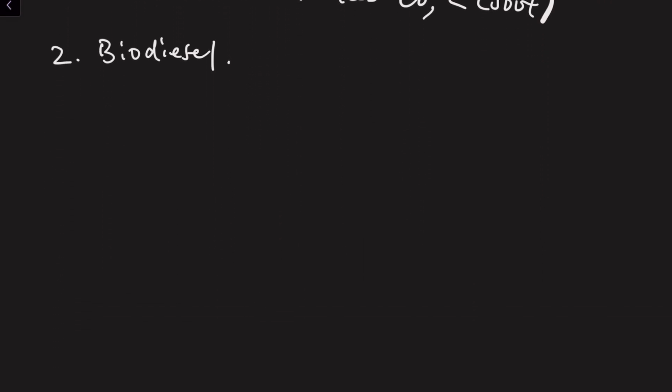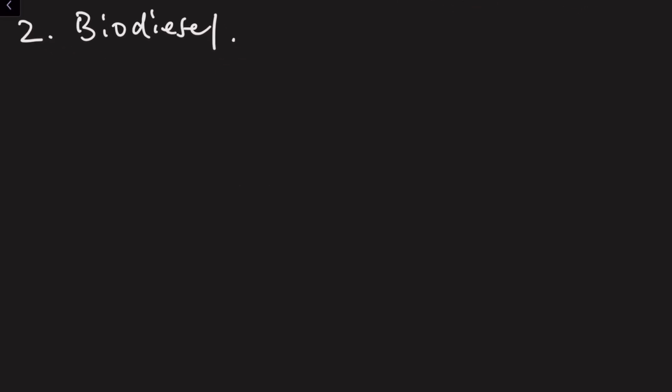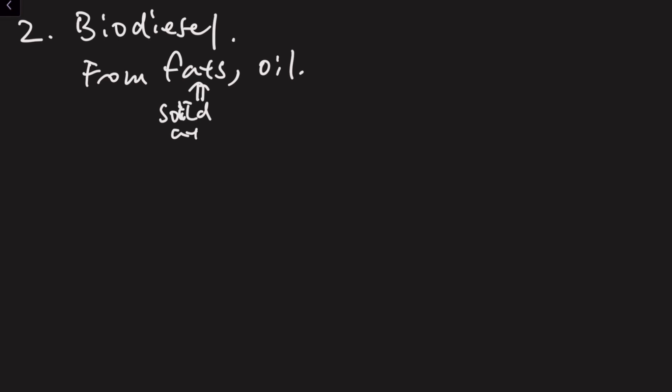So how is biodiesel made? It is made from fats and oil. So fat is solid at room temperature and oil is liquid at room temperature.